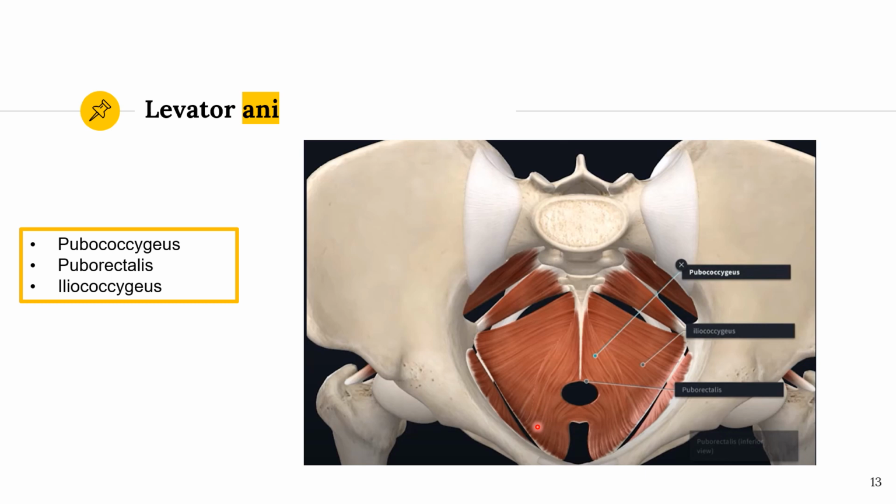Second one is puborectalis, which has the same origin, forming a sling around the rectum and the vagina. And finally, the iliococcygeus, which originates from the ATFP and inserts on the anococcygeal raphe and coccyx.